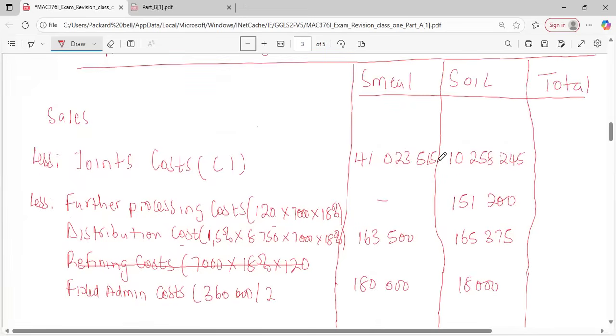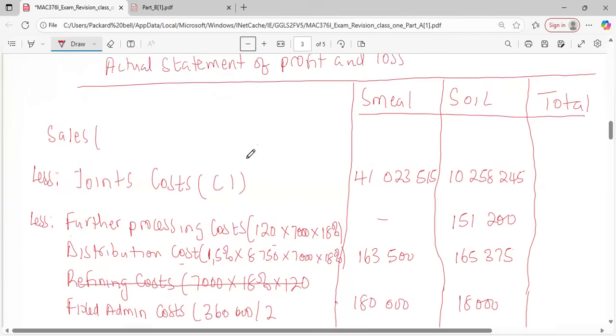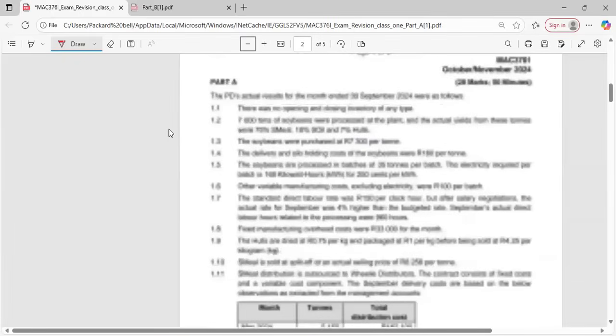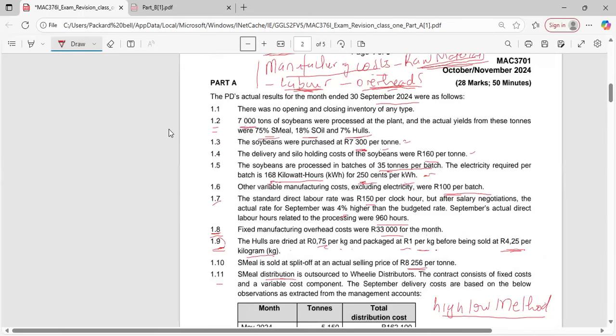So which means now, oh, we don't have the sales. What is the sales for S meal? It's going to be 7,000 times 75 times, this one is going to be sold at split off point. Am I correct? The selling price for S meal.